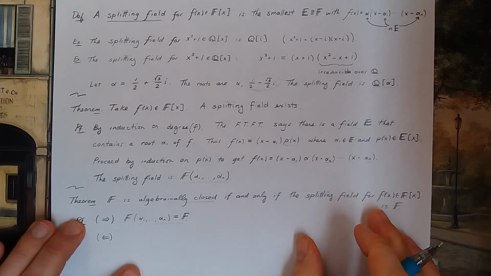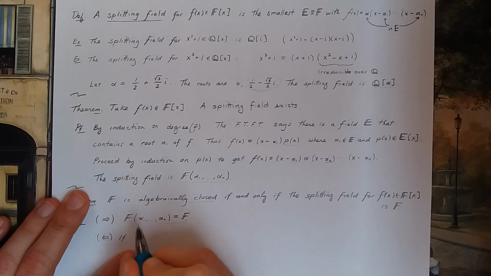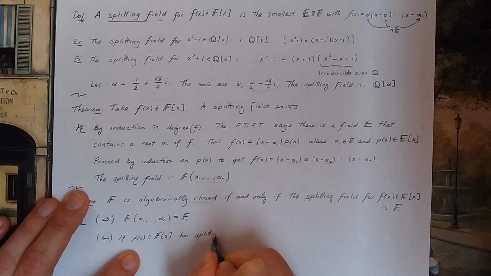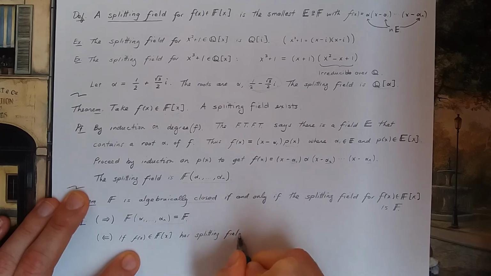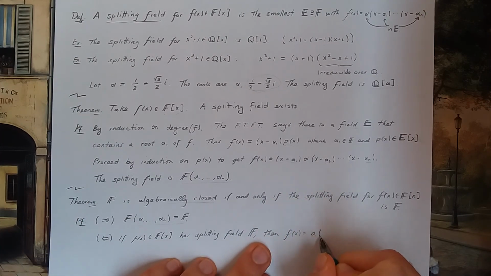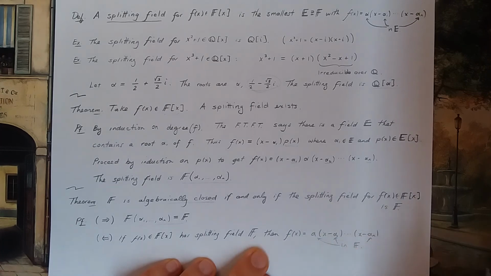For the opposite direction, let's say that the polynomial f of x in this ring of polynomials has splitting field F. Then that means your polynomial can be factored into linear terms, but everything here is in your field.